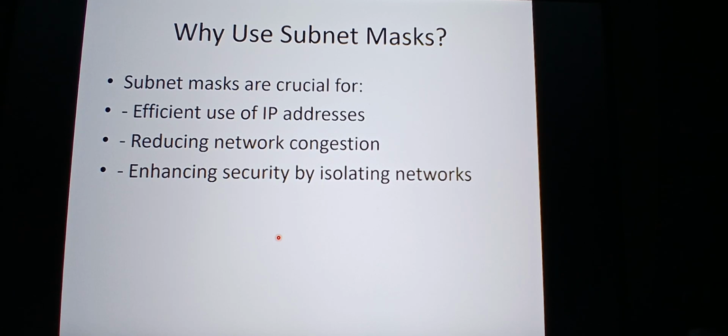They provide several critical roles in network communications, such as network identification, routing efficiency, segmentation, which is basically reducing network congestion, and security. It enhances security by isolating the networks. So in terms of network identification, subnet masks help to distinguish the network portion of an IP address from the host portion.